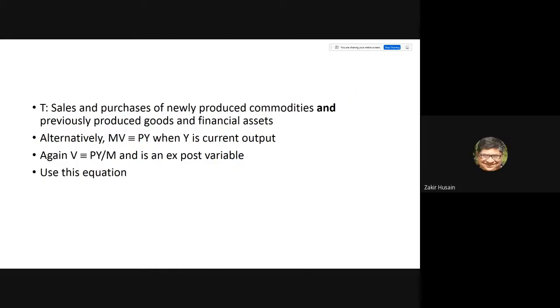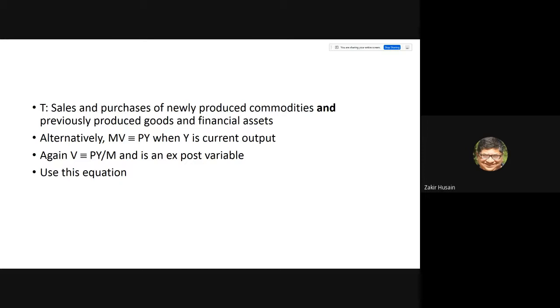Now, by T, we generally mean the purchase of newly produced commodities, the exchange of commodities which had been produced in earlier periods, and also financial assets. For instance, you are reselling a product in the second-hand market. So instead of doing that, we can reframe the quantity theory equation as MV identical to PY, where Y is the current output.